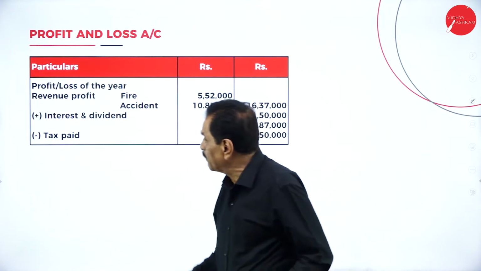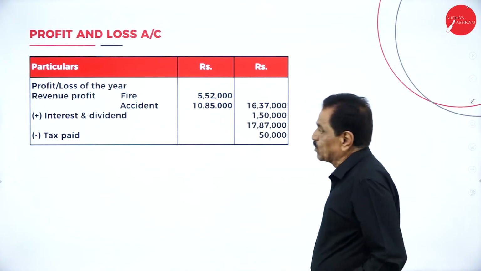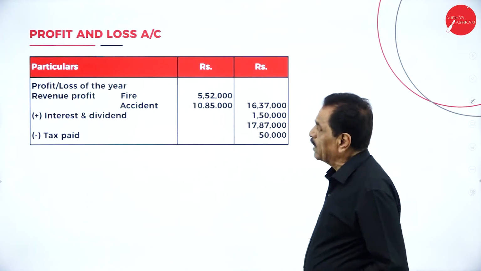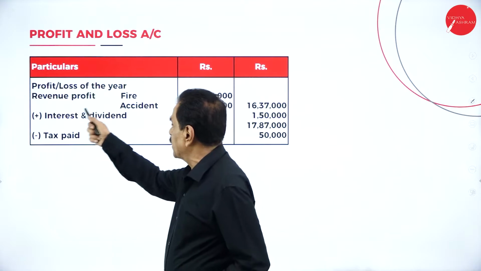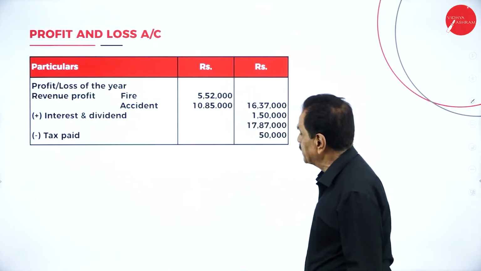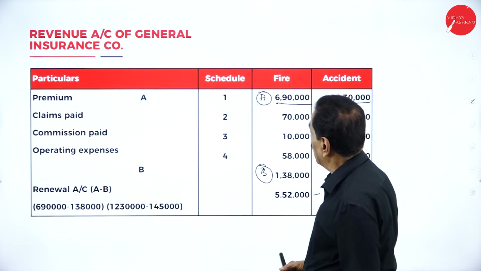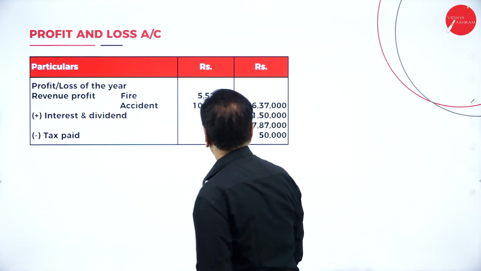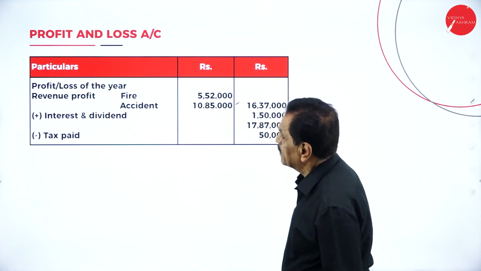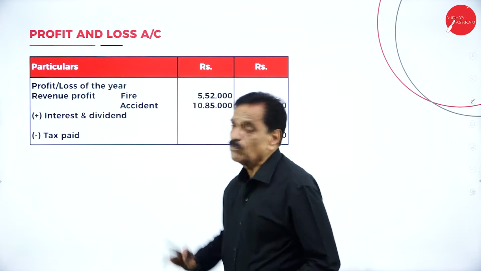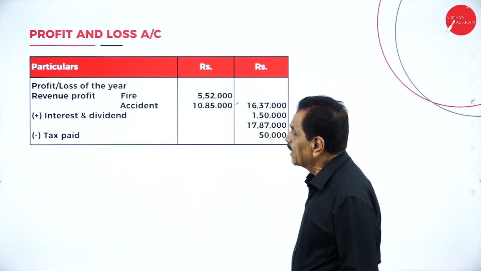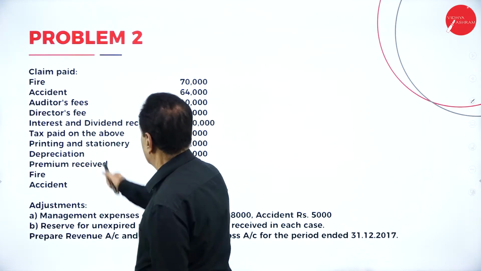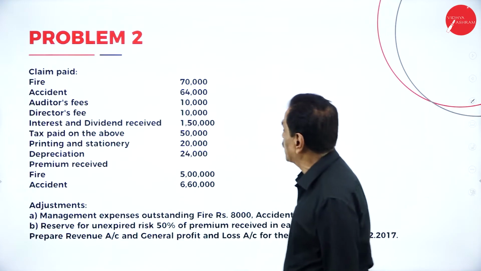Then if you prepare the profit and loss account up to tax, you can do that. There is another way also. Revenue profit 5 lakh 52,000 and 10 lakh 85,000, which means 16 lakh 37,000. When they ask only for revenue profit, you have to do it like this. Then interest and dividend received, 1 lakh 50,000.